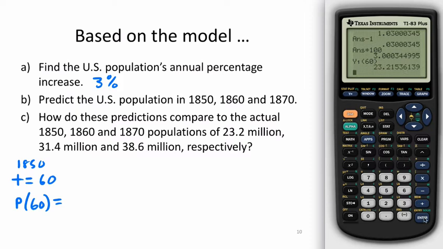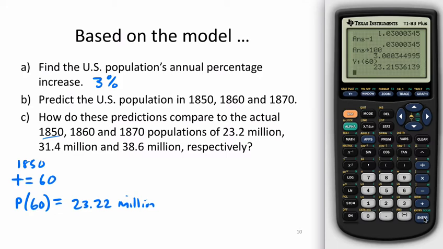That's about 23.22. 23.22 million people. All right, so that's the first part of part B, predicting the US population in 1850, 23.22 million.